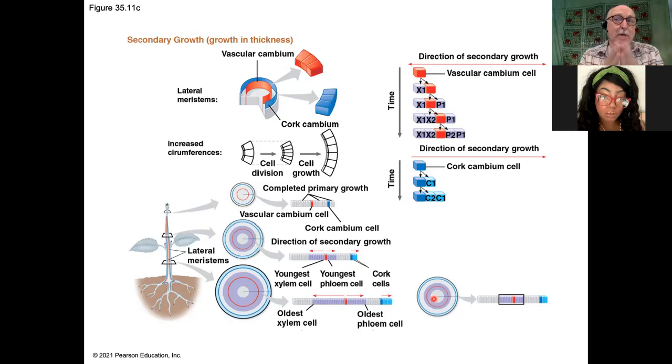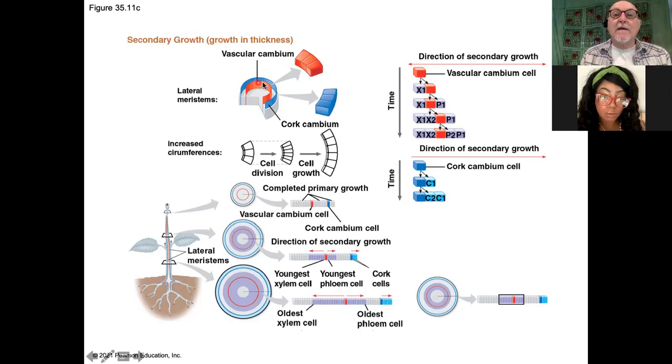But as the plant ages, as we go down the plant stem, the older parts of the plant stem, the primary meristem gives way to new kinds of meristem. These are called the lateral meristems, and they are what is responsible for causing the increase in diameter of the plant stem.